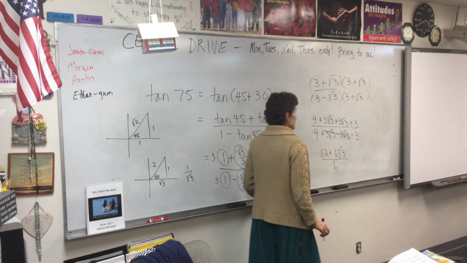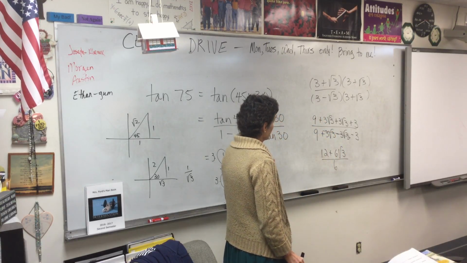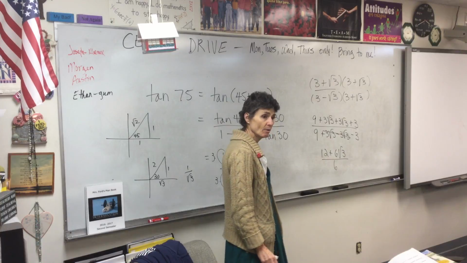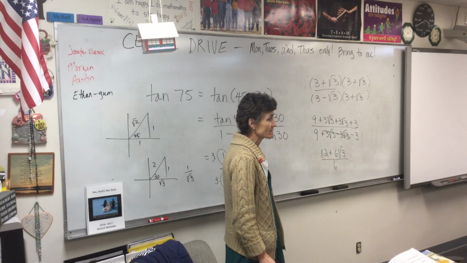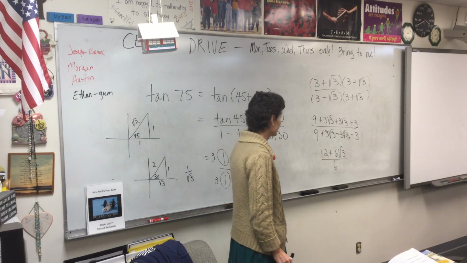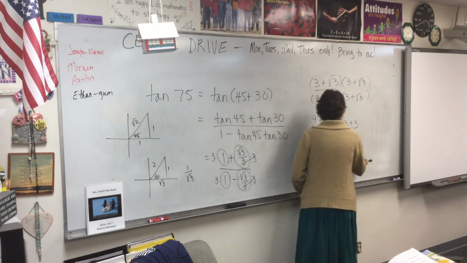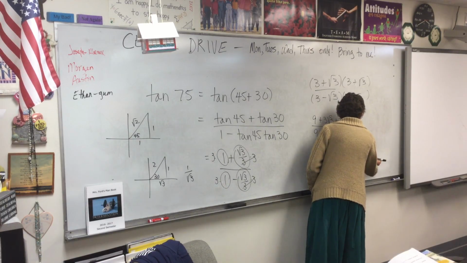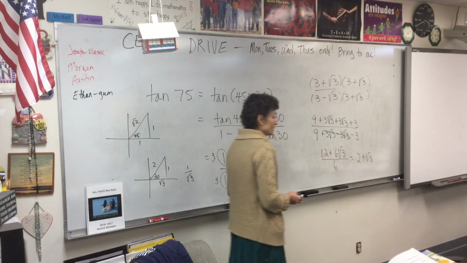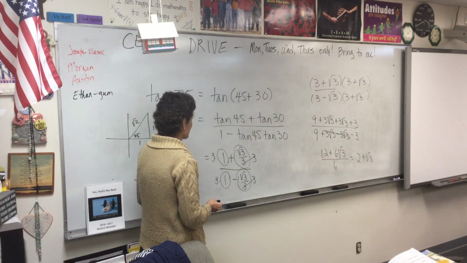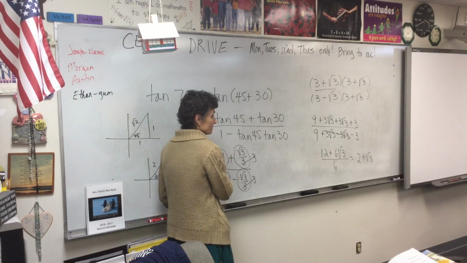Oh my gosh, we're still not done. You can take a 6 out. Remember, you don't cancel unless you can factor. You can factor a 6 out. So out comes a 6, and I'll be left with 2 plus root 3. Now the trigonometry ended right here.